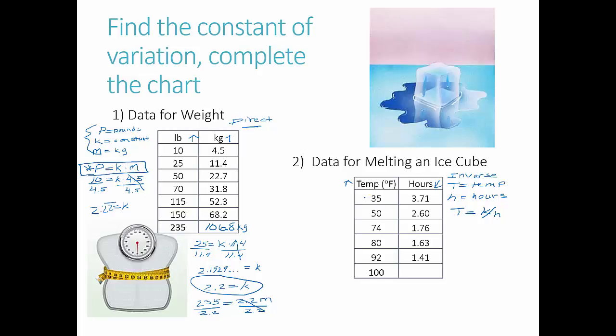I'm going to take the first line of my chart and fill it into my formula. So 35 is equal to K divided by 3.71. So in order to solve for K, the constant, I'll need to multiply by 3.71 on both sides of my equation.